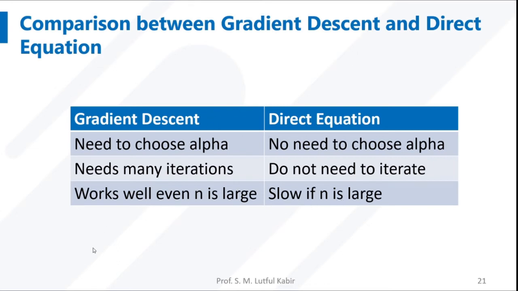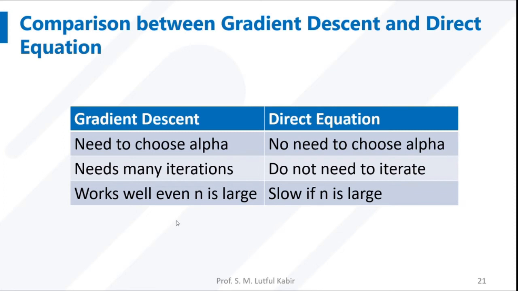It will automatically give you the solution. In case of gradient descent, you need many iterations because it's an iterative process. Ultimately, you need a number of iterations depending on your problem type and the value of alpha. But in case of the direct equation, as the name suggests, it is the direct solution, so you don't need to iterate.